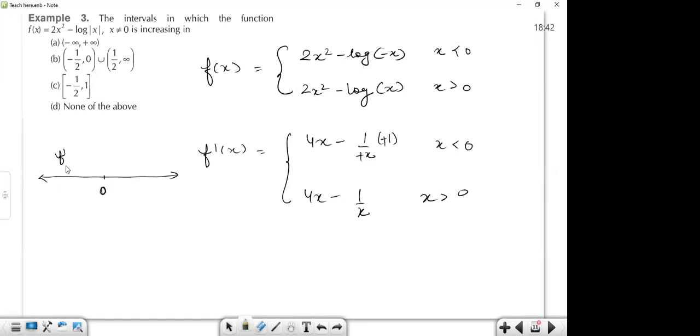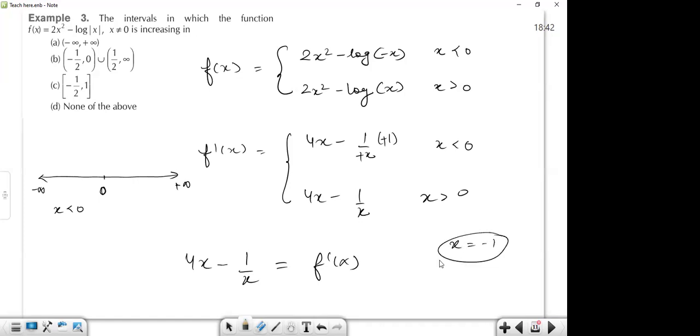As we have discussed, this is the x-axis. Now let's discuss the sign of f dash of x for all values of x less than 0. As we have f dash of x equals 4x minus 1 by x, let's take x equals minus 1.